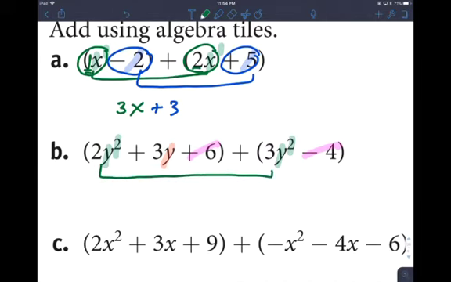2y squared plus 3y squared. Then look at the coefficients. What's 2 plus 3? It's going to be 5y squared. Done. We talked about this one, nothing to combine with, so all I have to do is bring it down, plus 3y.